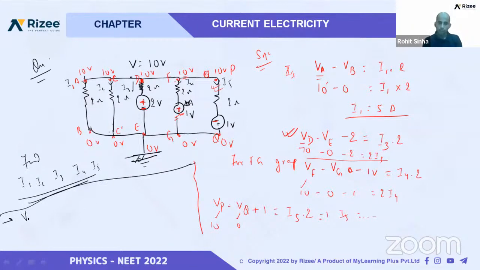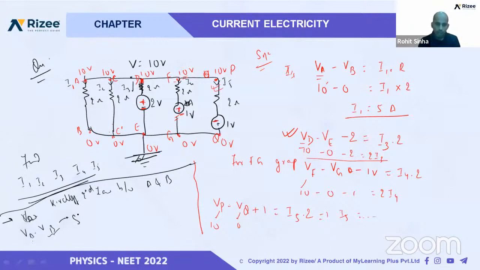Suppose you have two points A and B. You have to write Kirchhoff's second law between two points, A and B. You have to write VA minus VB. How will you do it? You just have to write Kirchhoff's law starting from B and reach A.